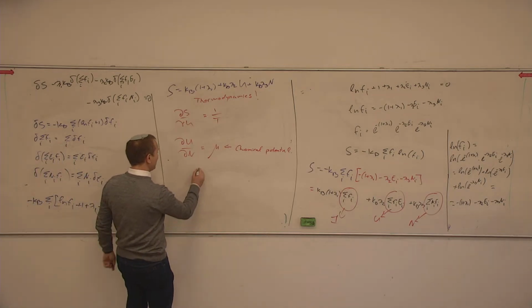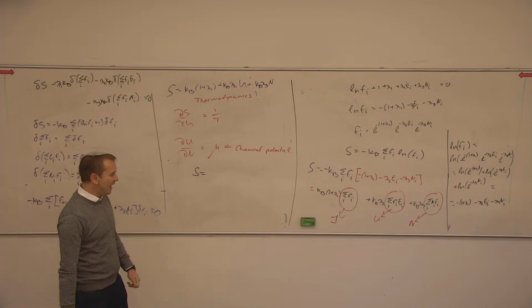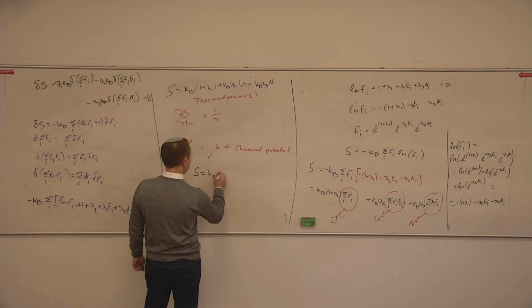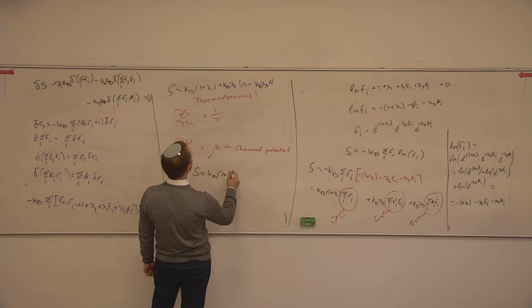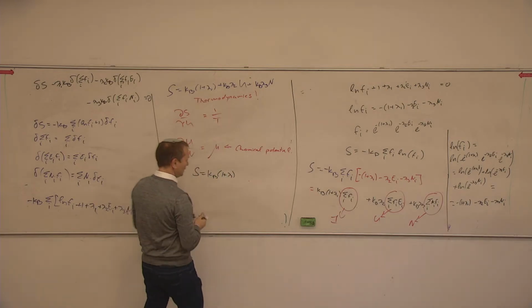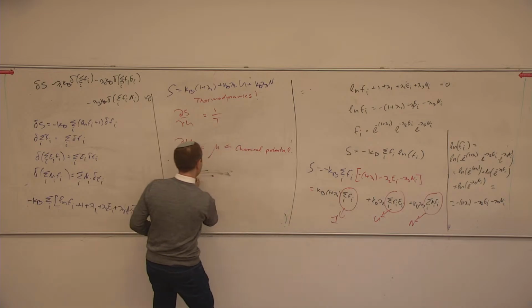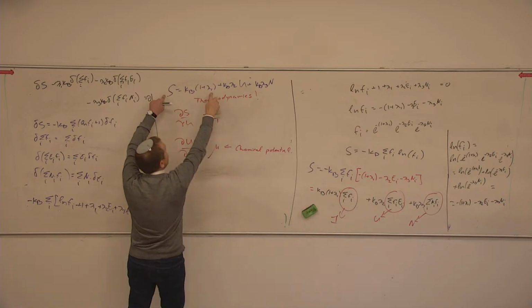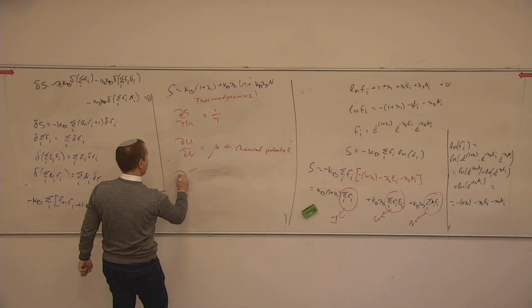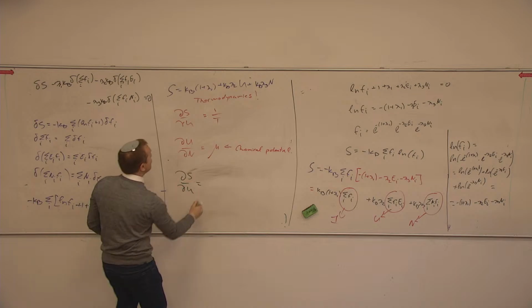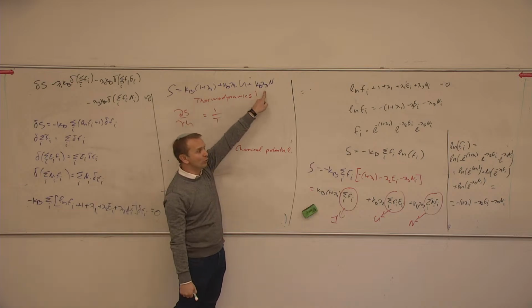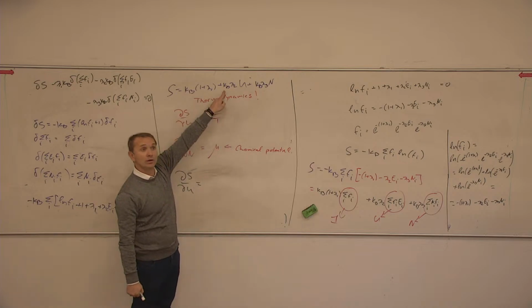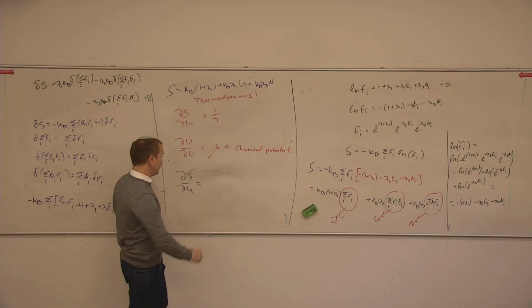First of all, let's write down what our S is. S is K Boltzmann 1 plus lambda 1 multiplied by 1. So we have it. Let's not rewrite it. We take this guy and we write down dS/dU equals, independent of U, so it's 0. Here we have K Boltzmann lambda 2.